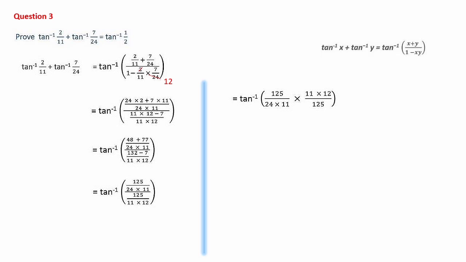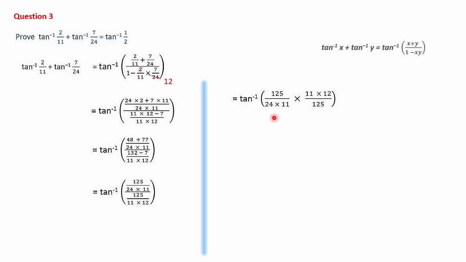That is equal to tan inverse. Here the numerator is a fraction, the denominator is also a fraction. So just write the first numerator 125 by 24 into 11, division changes into multiplication. Take the reciprocal of the denominator, that is 11 into 12 divided by 125. Then here 125 we can cancel, 11 we can cancel, 12 and 24 we can cancel, and in the denominator 2 will be coming.